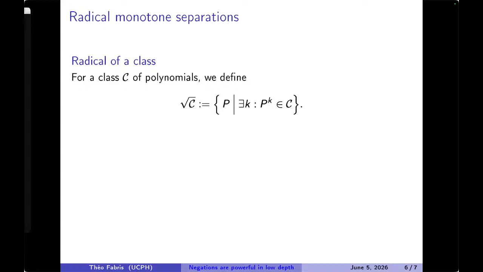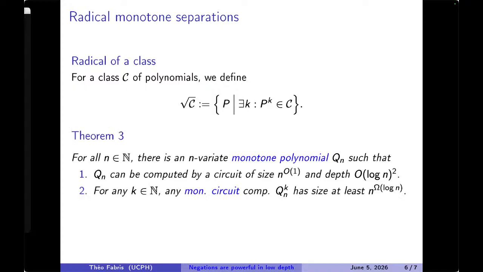The radical of a complexity class is just the set of polynomials p such that there exists a natural number such that p to that number is in C, which means that if we raise p to a certain power, then we can compute p to that power easily.